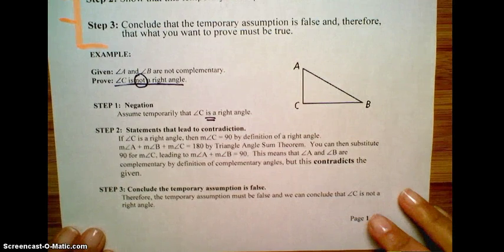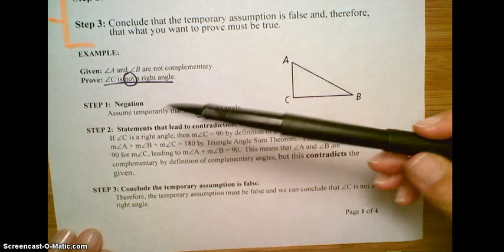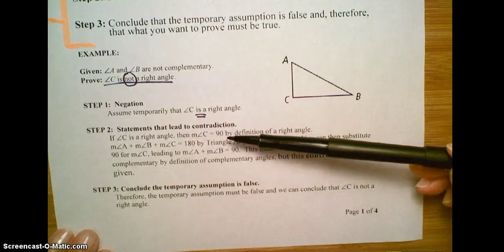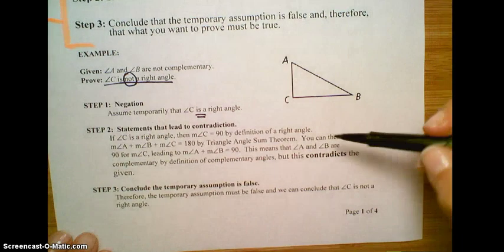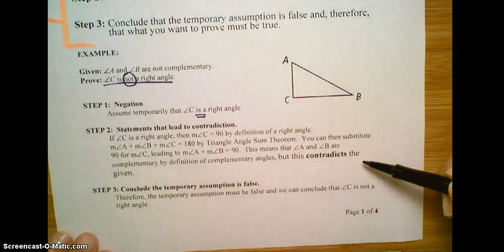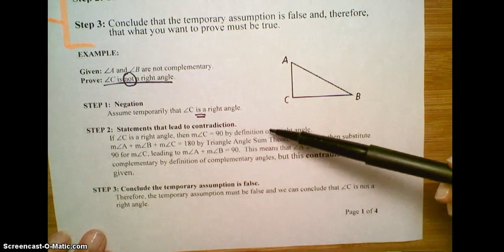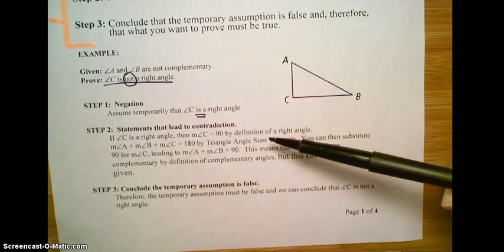Okay, so then at that point, looking at our triangle, if angle C is a right angle, then the measure of angle C must be 90 by definition of a right angle. Notice this form that we're using is paragraph form for a proof. We're saying our statements and giving our reasons, but we're doing it in sentences rather than columns.